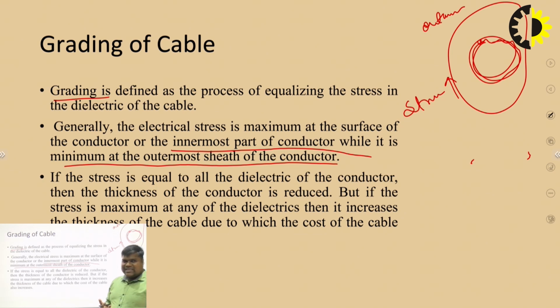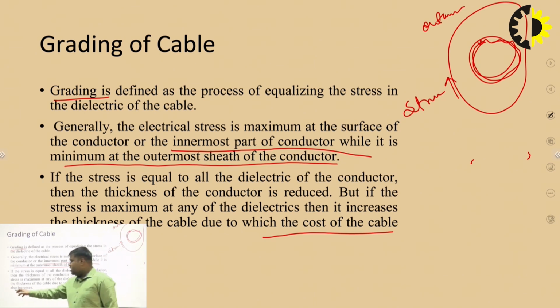If the stress is equal in all the dielectric of the cable, then the thickness of the cable is reduced. But if the stress is maximum at any of the dielectric, then it increases the thickness of the cable, due to which the cost of the cable also increases.